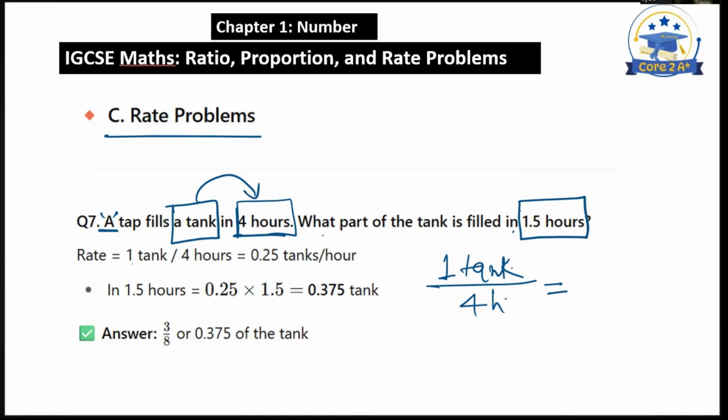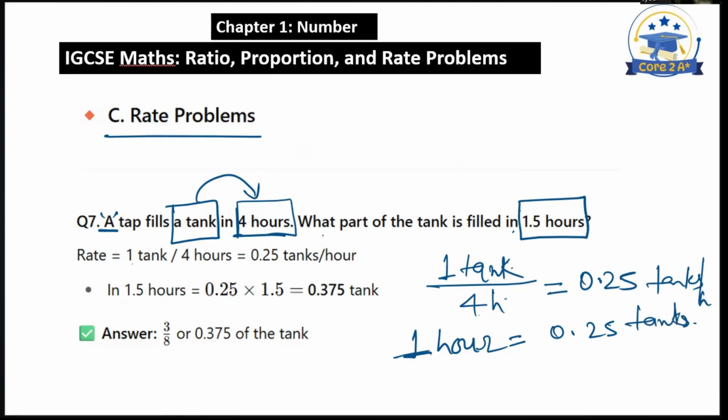Both are with different units, right? So 1/4 means what? 0.25, if we convert to decimal. I hope you all know how to convert a fraction into a decimal. If you don't, let me know in the comment box. 0.25 tanks per hour. Per hour means in 1 hour, the tap fills 0.25 tank.